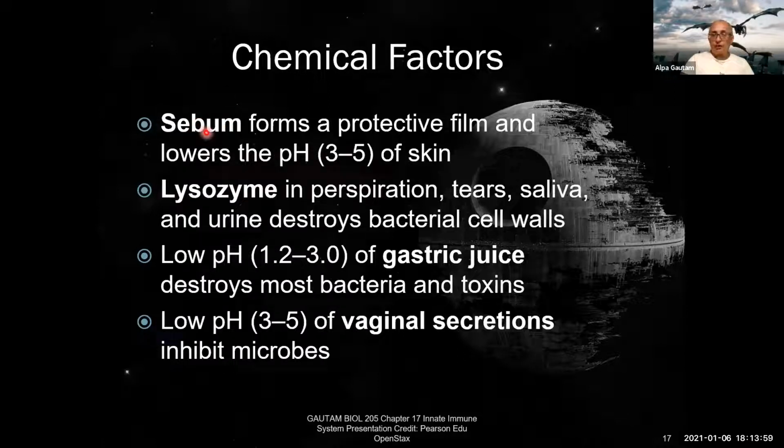Then there is sweat, which is about 99% water and salt, along with chemicals that prevent bacterial and yeast colonization, and it also has a low pH. The pH is about 3 to 5, so it's actually called an acid mantle.